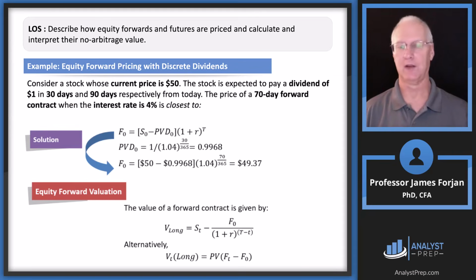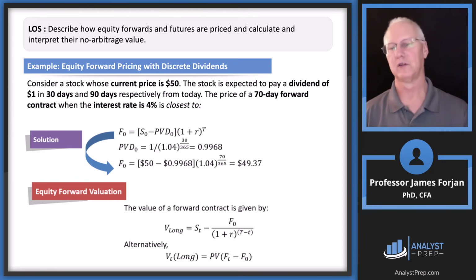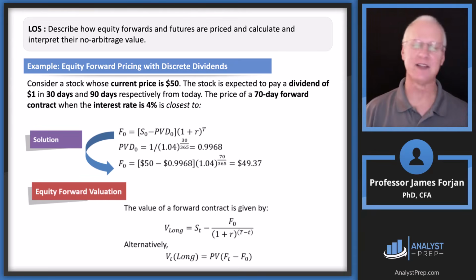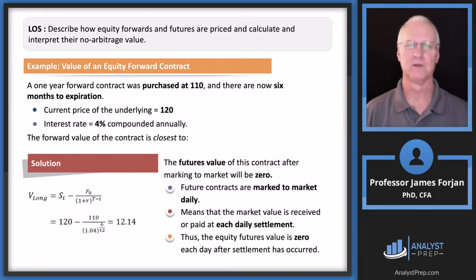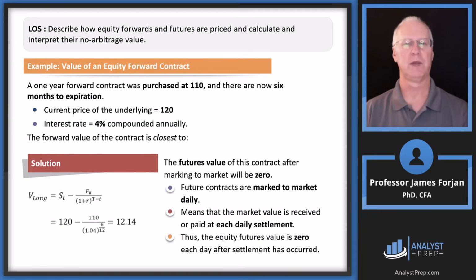Now let's go ahead and look at equity forward valuation. So notice what we're going to do. We're just going to take the difference between the spot price and the present value of the forward price. And we're going to have to do that being quite sensitive to the time periods. Let me show you what I mean in this example.